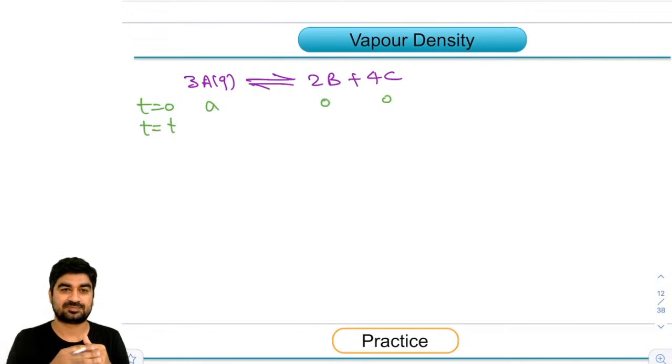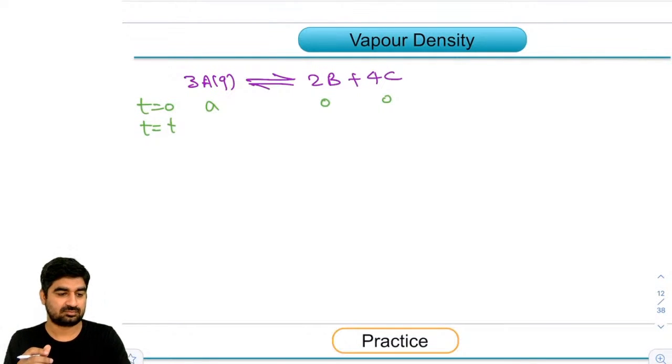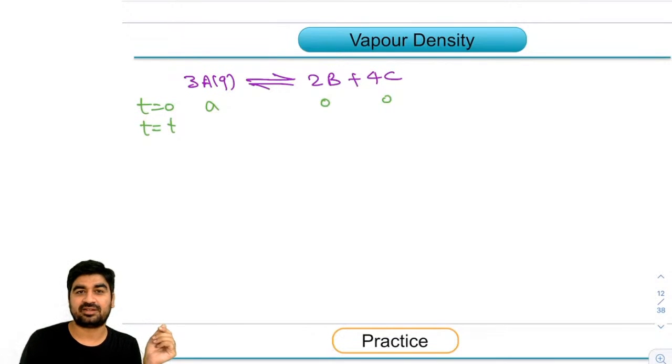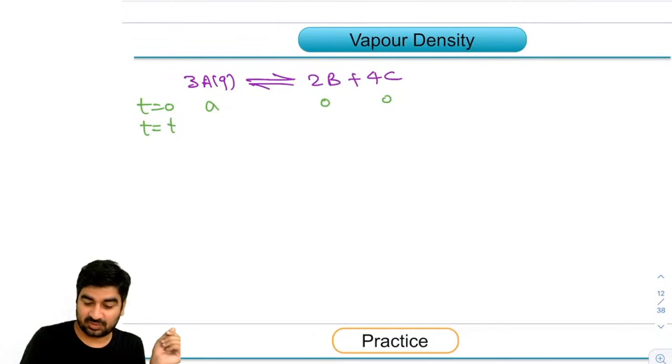Yes, write it down. So what will you write here? Again, you are having coefficient 3. So you will write this way.